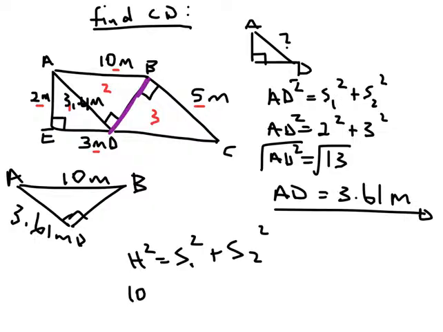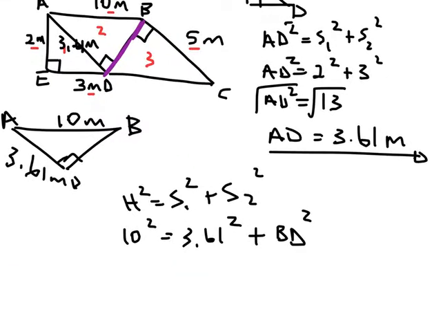So the hypotenuse is this one of 10, which should therefore be equal to 3,61 plus the other side. The other side is BD that you are looking for, BD squared. You will therefore say obviously 10 squared minus 3,61 squared, which is equal to BD squared.